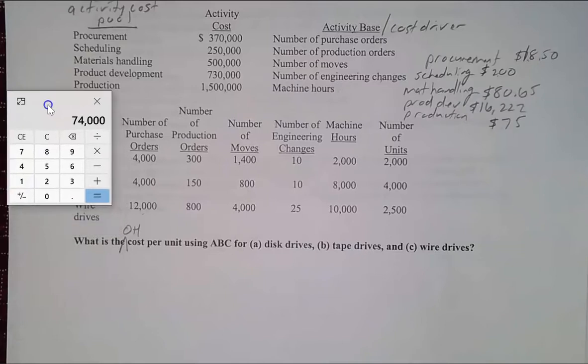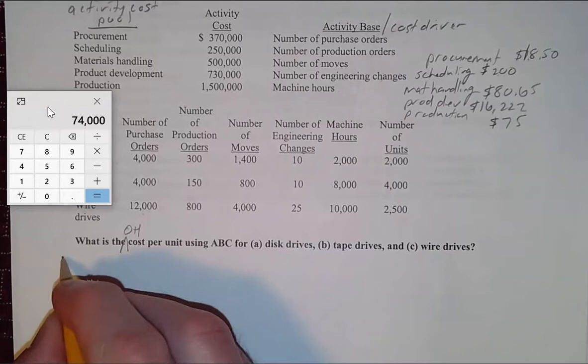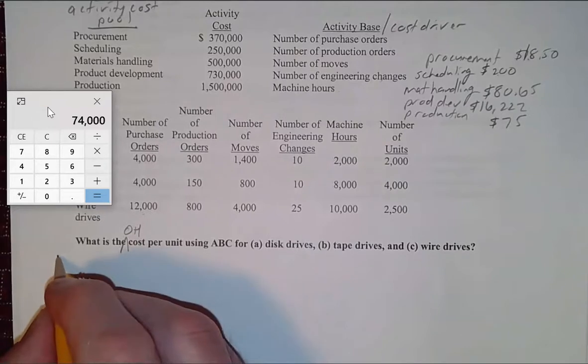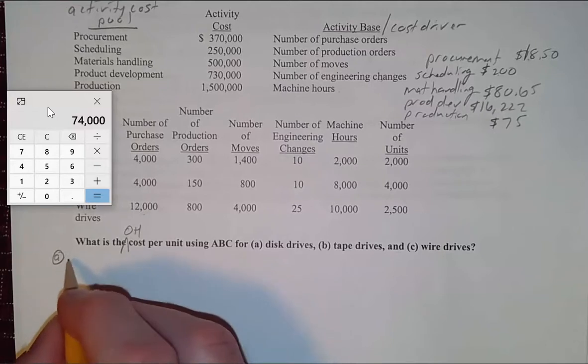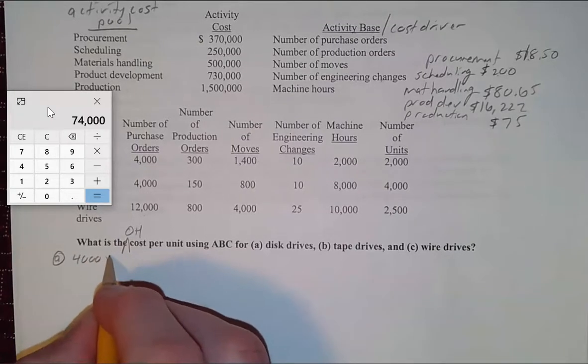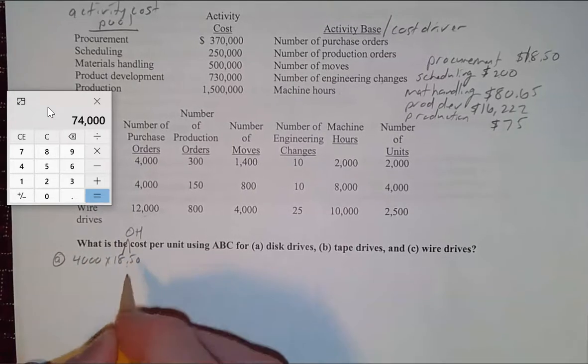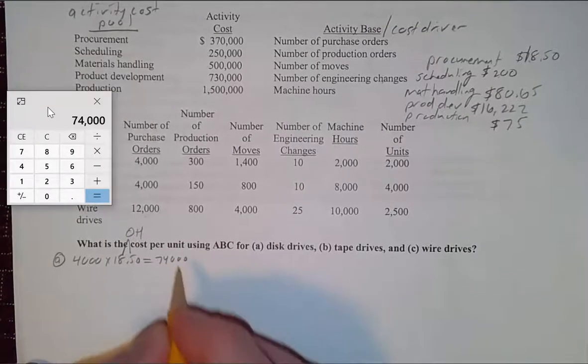So for disk drives, which is A, we had 4,000 times 18.50, and that's going to give us 74,000.